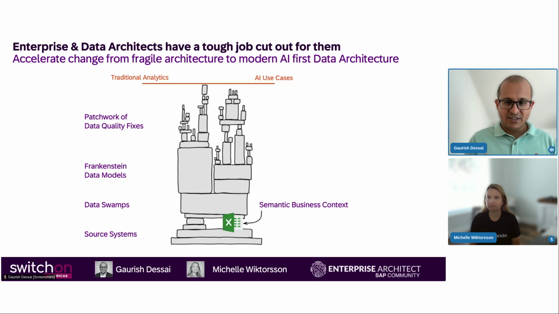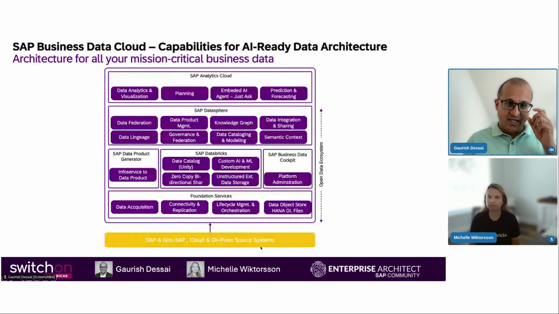So we are in a situation where organizations need to modernize their data architecture. And that is exactly what SAP is offering with the Business Data Cloud capabilities, to ensure that your data architecture is ready for AI, right?